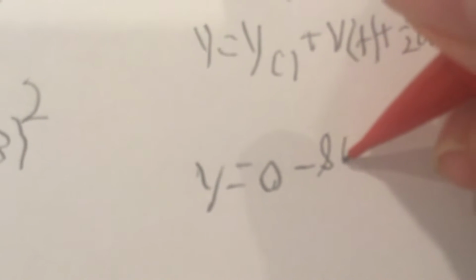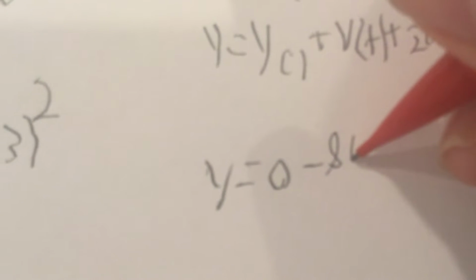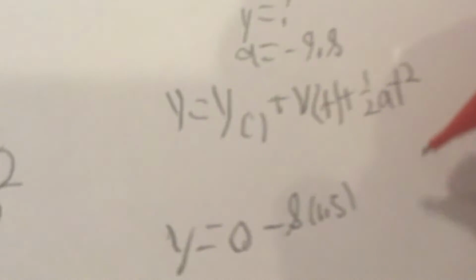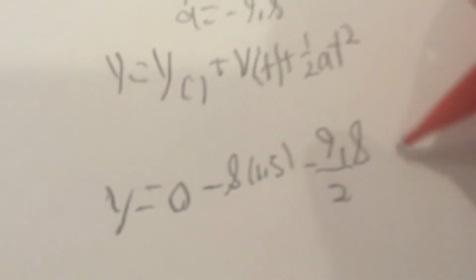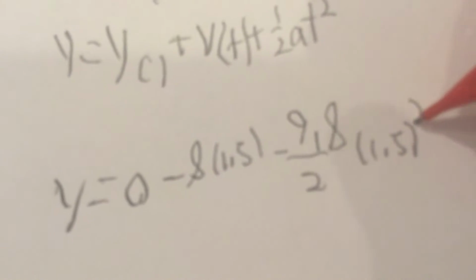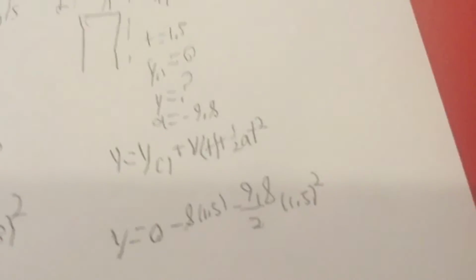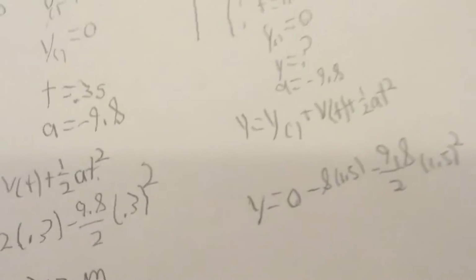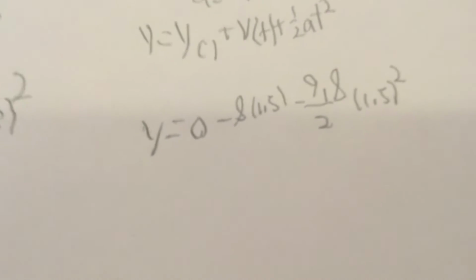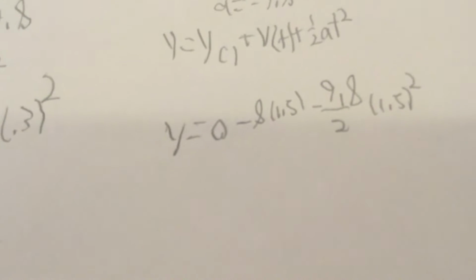Per 1.5 times 1.5, -9.8 over 2, 1.5 squared. I'll just plug this into my calculator, and we'll see what we get.